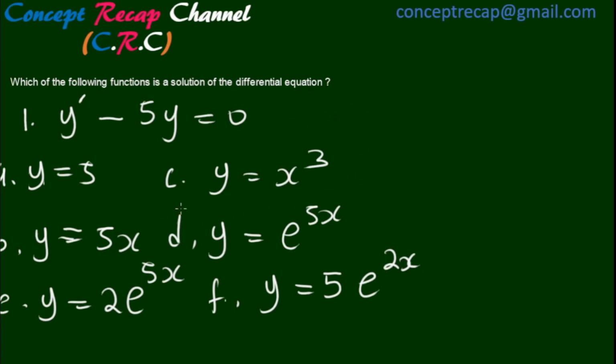So quickly, let's try D. Y is equal to e to the power 5x. If you find the derivative, y prime, you use the chain rule: you differentiate the outside, so it will be e to the power 5x, and you multiply with the derivative of the inside.